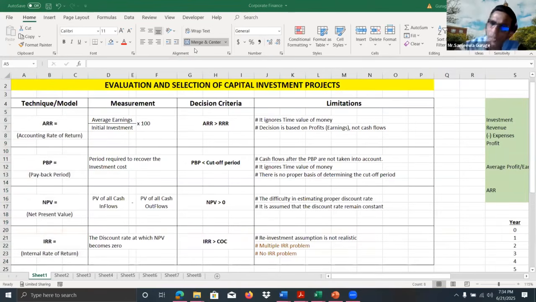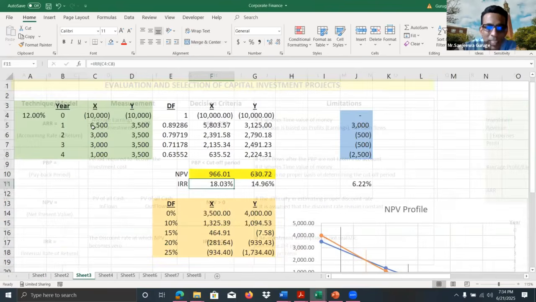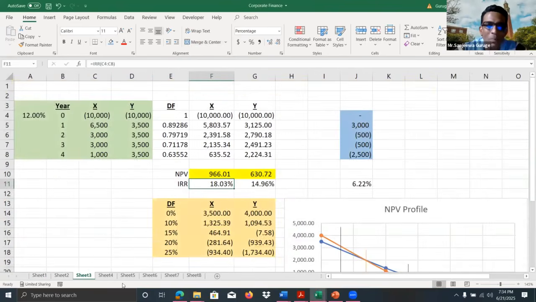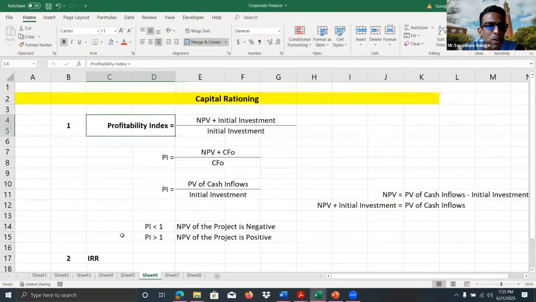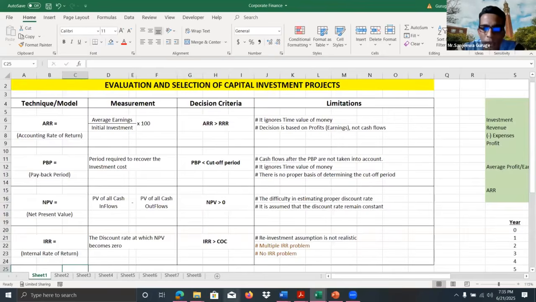Is it possible to compare projects using NPV? For this example, it is possible. Why? Investment is equal. But that is not the case all the time, because when we need to compare projects, the investment may not be equal.